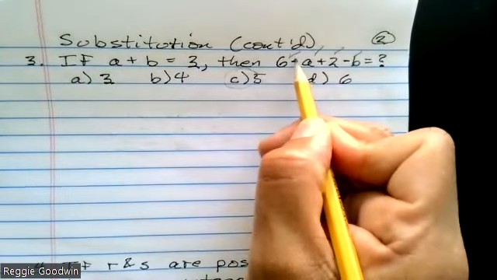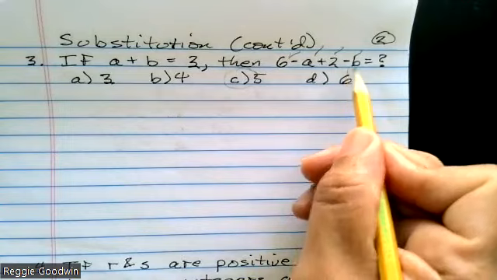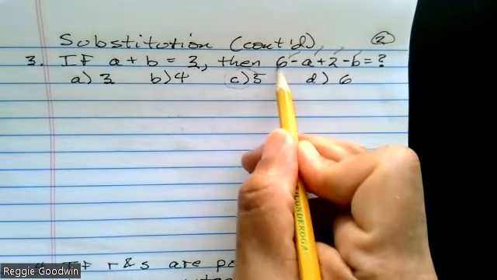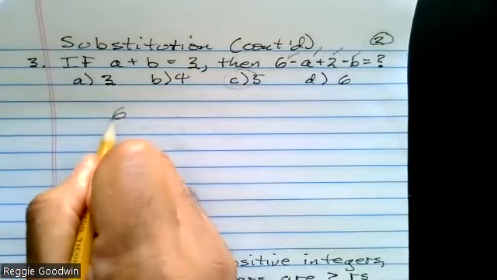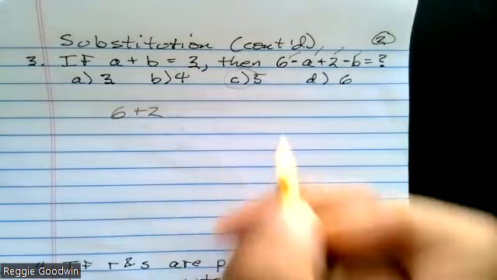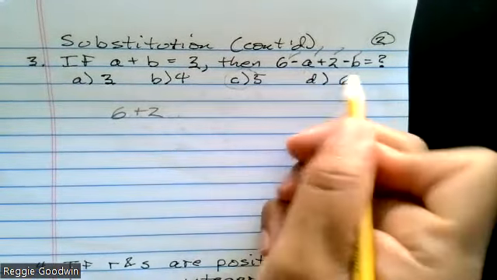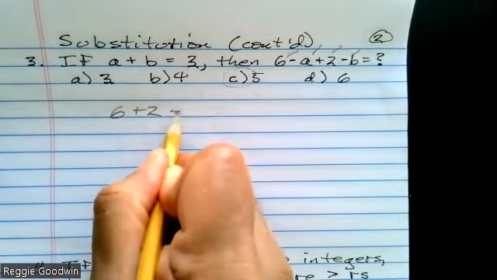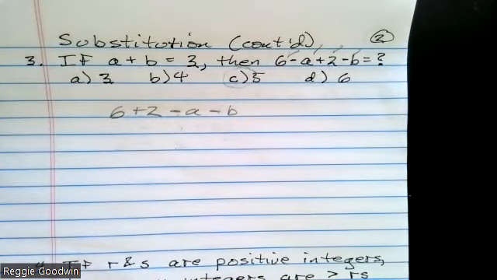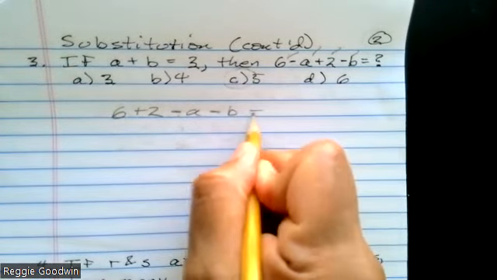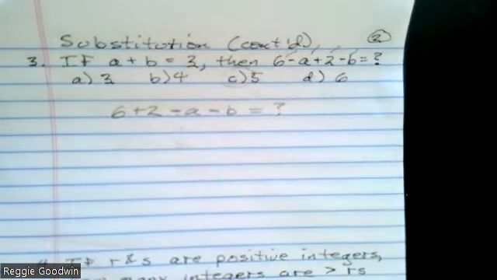What I did here was check what my like terms are. My like terms are the 6 and the 2 because they're numbers. My like terms here are the a and the b, but they're minus a and minus b. And that's equal to something.